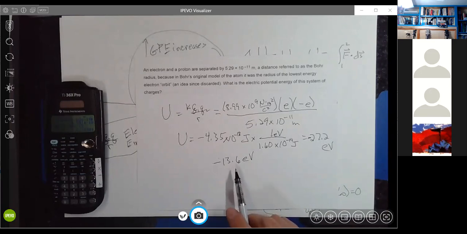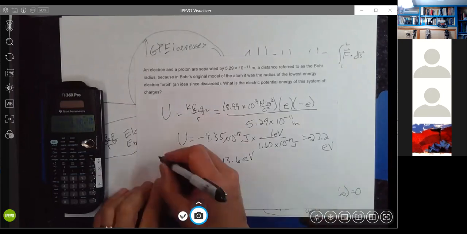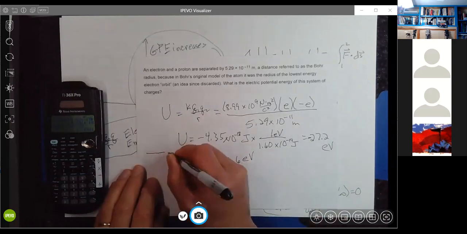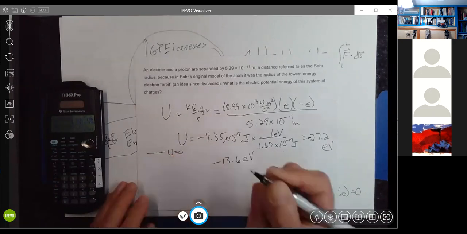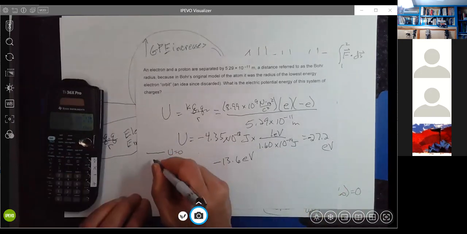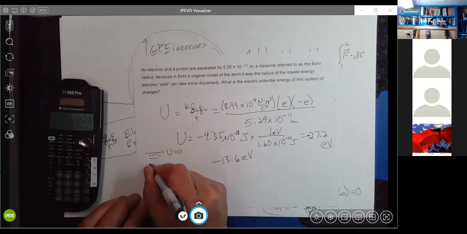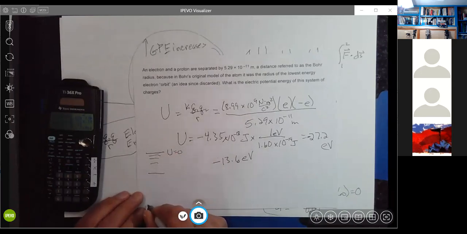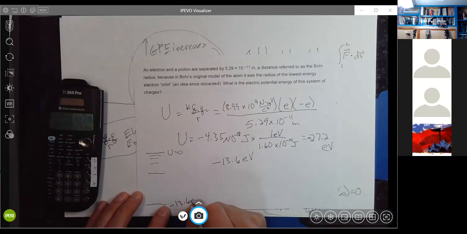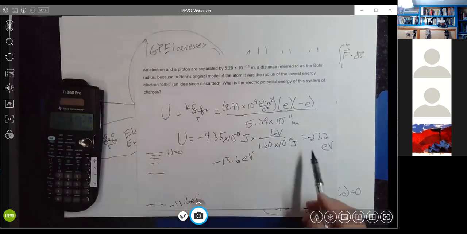If you ever see an energy level diagram for the hydrogen atom, it'll have an energy up here at 0, or it depends on which way you start the numbering from. And then it's got a bunch of various energy levels for electrons in the hydrogen atom. And the lowest energy level is minus 13.6 electron volts. Okay, half of that.